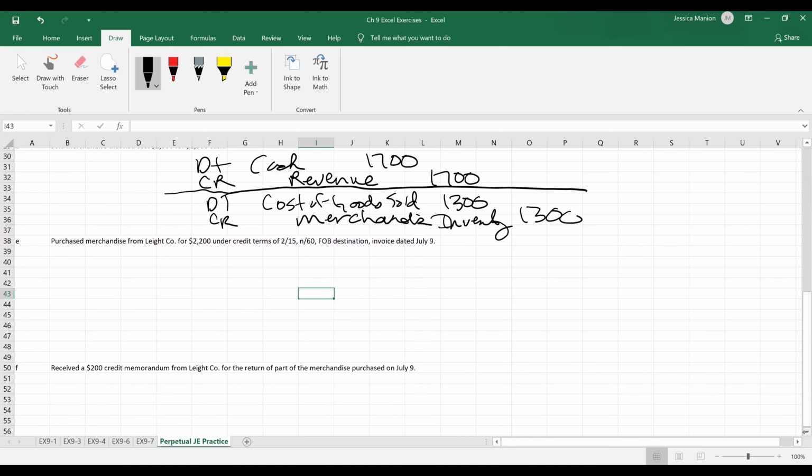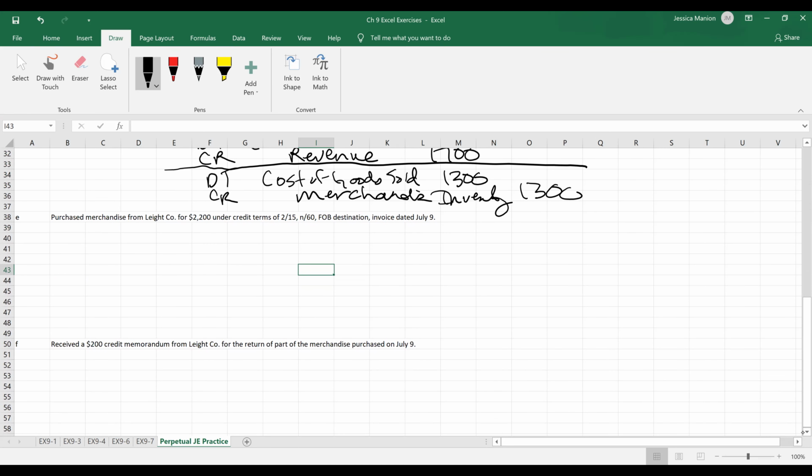All right, letter E, purchase merchandise from Light Company for $2,200 under credit terms 2/10 n/60, FOB destination, invoice dated July the 9th. So we're purchasing $2,200 of inventory.